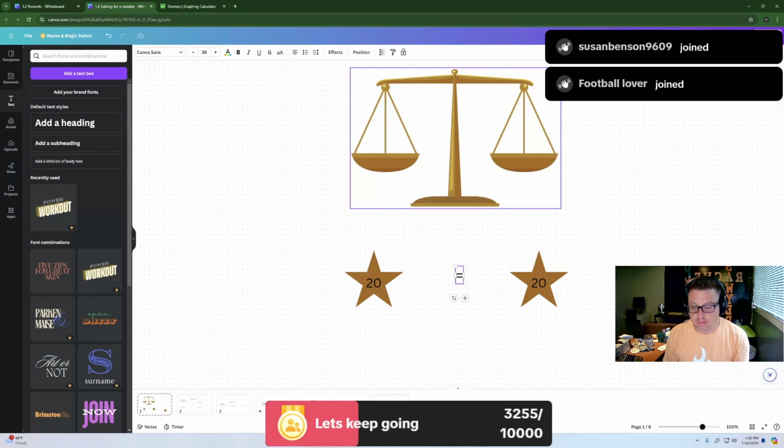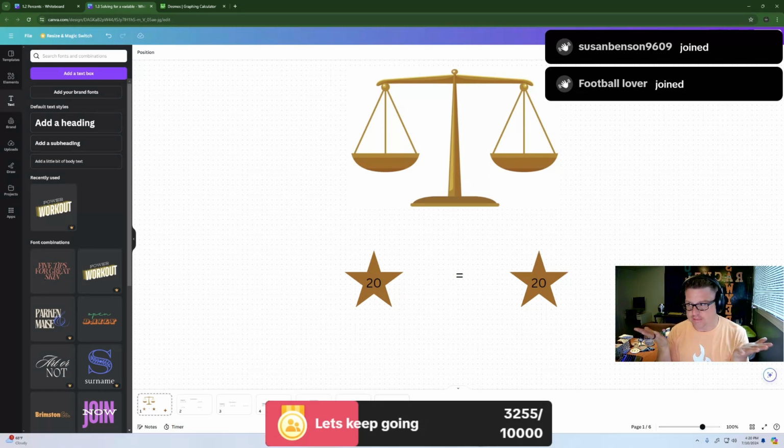So we want them to be the same weight, the same type of weight on both sides so that it balances out. Okay? So when I show you these two stars, when we put 20 on one side, we want to put 20 on the other side so that we balance it out.